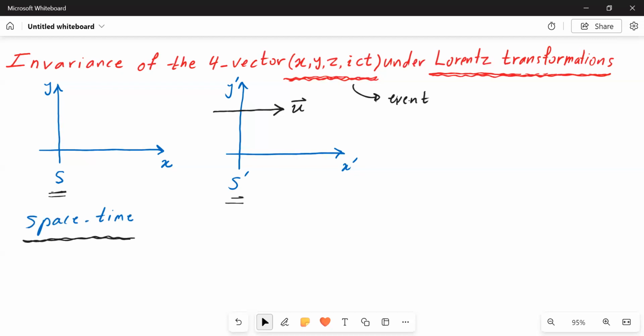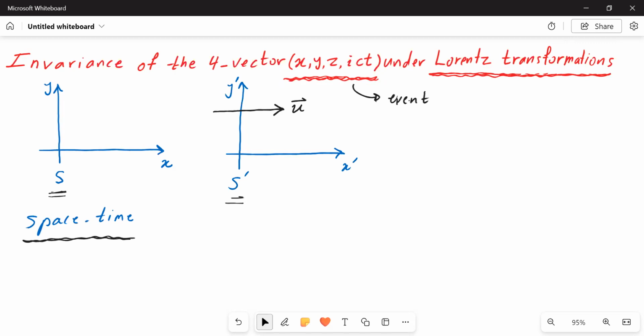Now, to make things simpler, here I'm just drawing two systems of coordinates in a two-dimensional fashion. Obviously, I cannot show four dimensions on a two-dimensional screen, so I'm just using the x, y coordinates and the x prime, y prime coordinates from both systems.